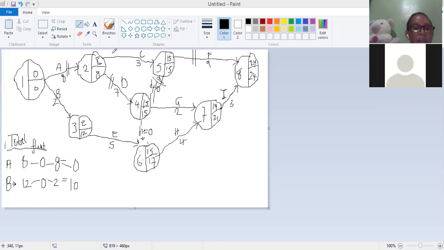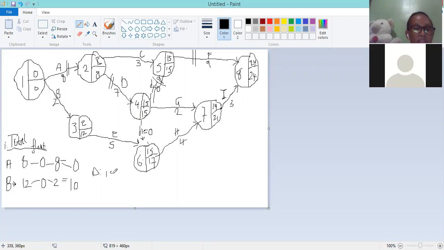Let's see what will happen to an activity like D, which is a critical activity. To compute its total float, how do we go about it? This is 15, the latest event time of number 4. We minus 8, the earliest event time of number 3. And we minus 7, the duration of the activity in question.